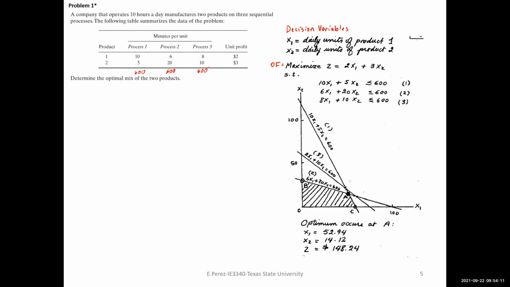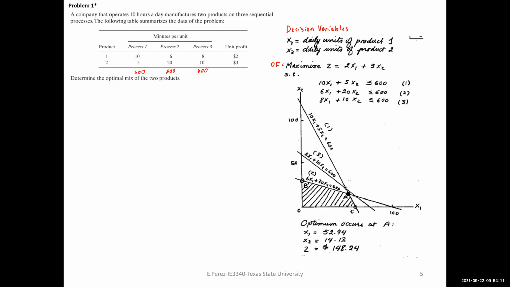If I substitute that in my objective function, z equals 2 times 10 plus 3 times 10. So this is equal to 50. I have a point that gives me an objective function equal to 50.